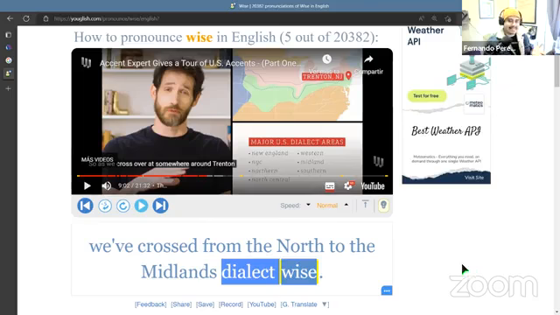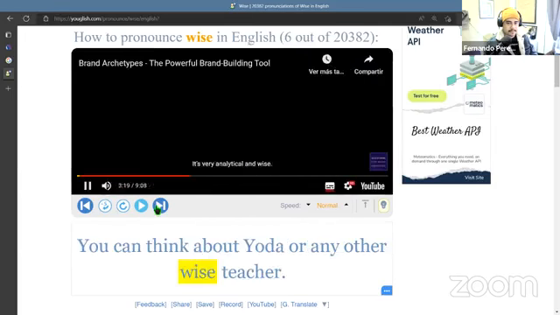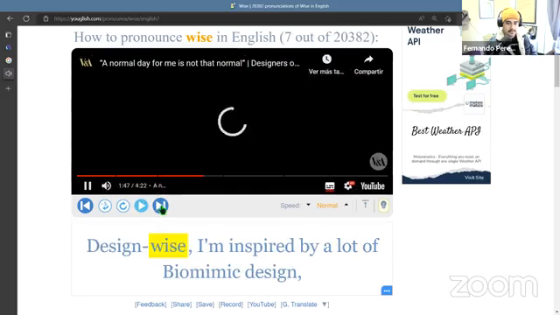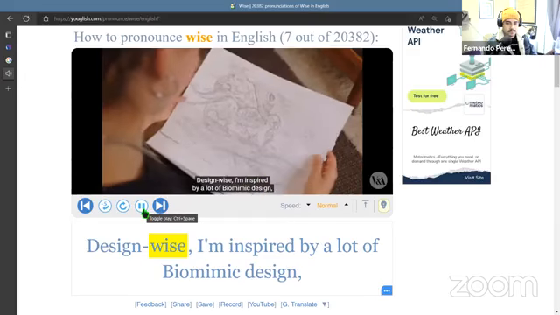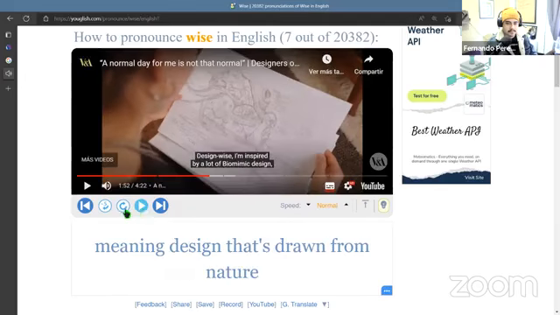This happens also with the previous one. What was developer-wise? That's not only one word. Technically, it's a combination of them. It's the adverb-wise by itself. Design-wise, I'm inspired by a lot of biomimic design.